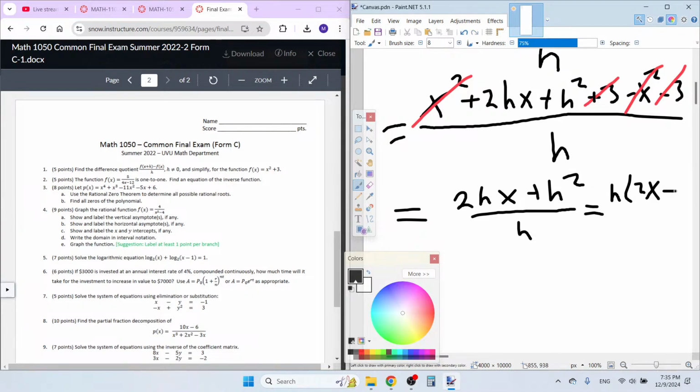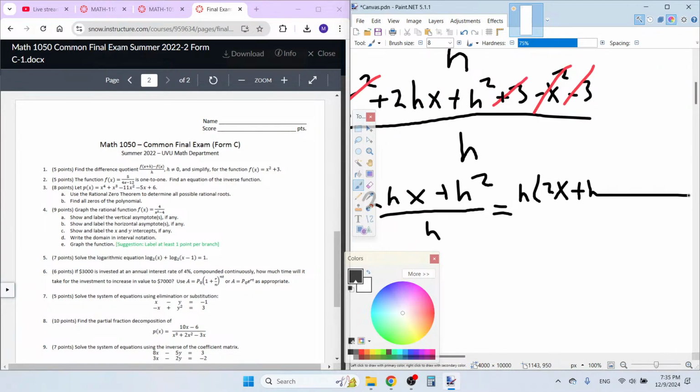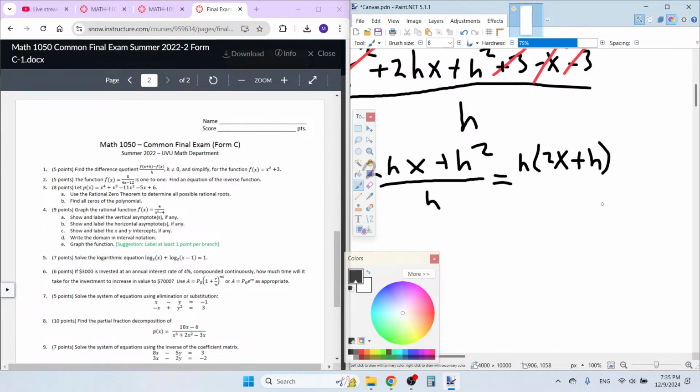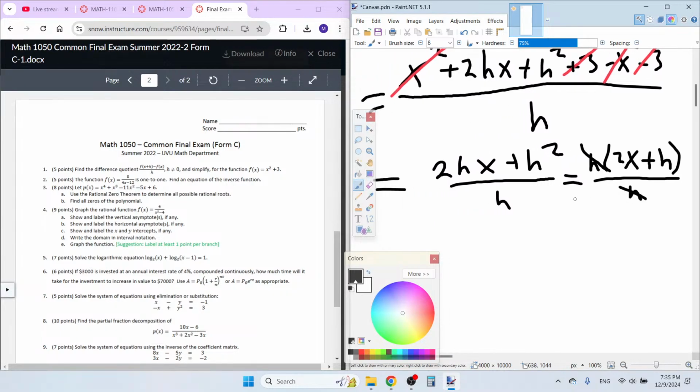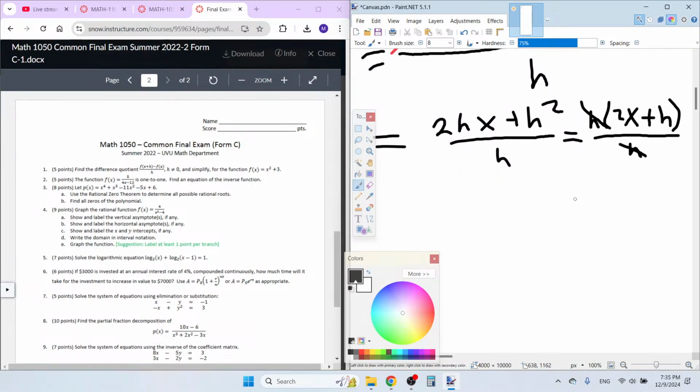Here's our plus sign, and here's our h. Over h, which cancel, and that leaves us with equals 2x plus h. This is considered the final answer because we've canceled the h out.